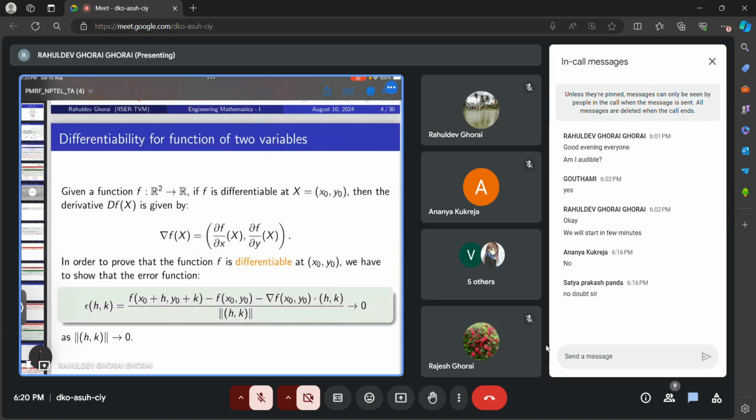part of the lecture, the second part mainly. If you have the function f from R2 to R, and f is differentiable at one point x naught y naught, then the derivative will be given by this del f del x.